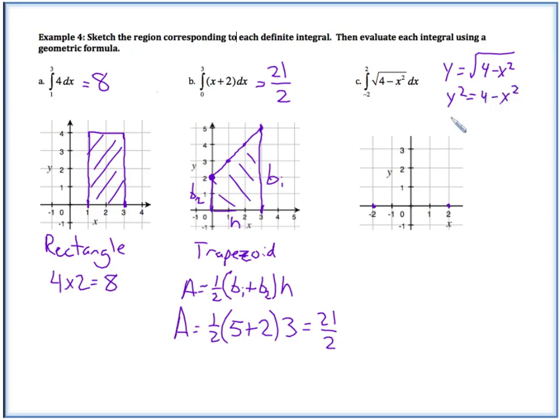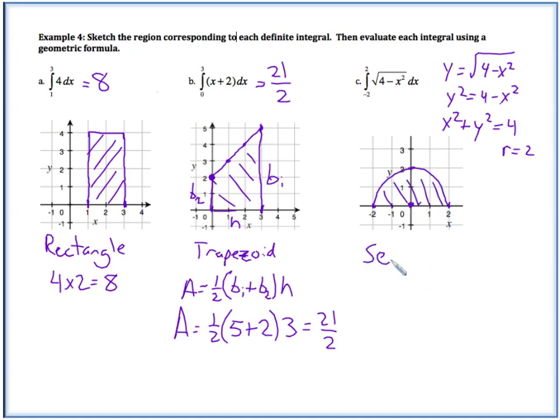And we add x squared to the other side, so x squared plus y squared equals 4. Hey, we have a circle, okay, where the radius is 2 and the center is at 0, 0. So there's the center and 2 for our radius. Okay, so we're going to try to find this area.